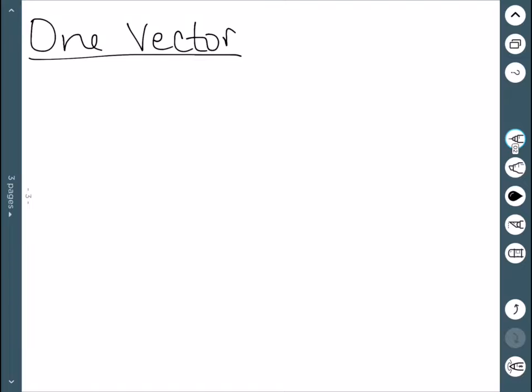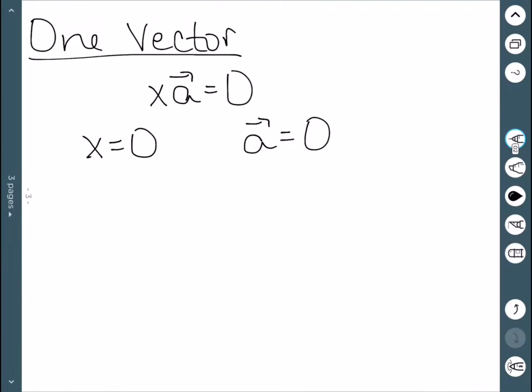There are a few special cases where we can easily determine if something is linearly independent or dependent without doing any calculations. We'll start with a single vector. That means we need the solution x a, since we only have one vector, equal to 0 to have only the trivial solution. This would give us two options: either x has to be 0 or a is 0.